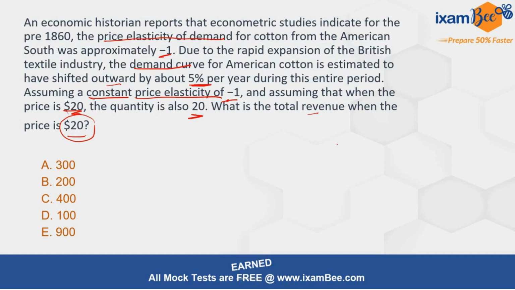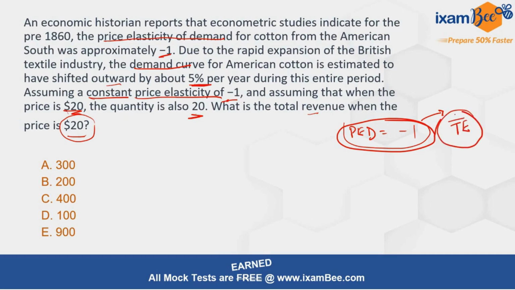Now notice here we are given that the price elasticity of demand is not changing, it's still -1. That is unitary elastic. So when this happens, remember from your consumer theory concepts that when the elasticity of demand is unitary elastic, we know that the total expenditure remains constant.